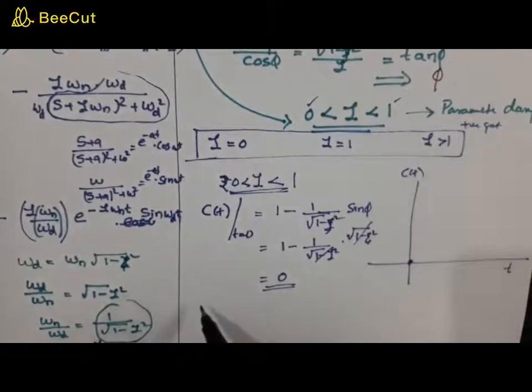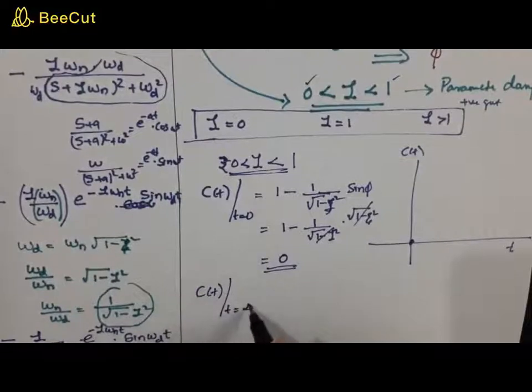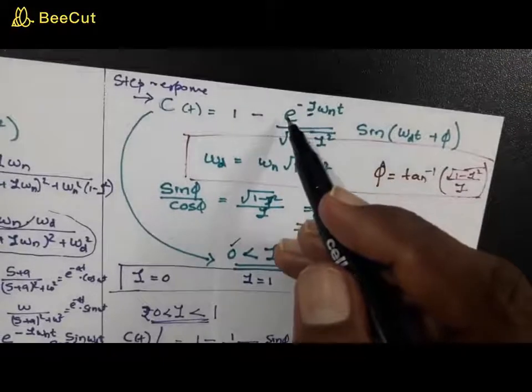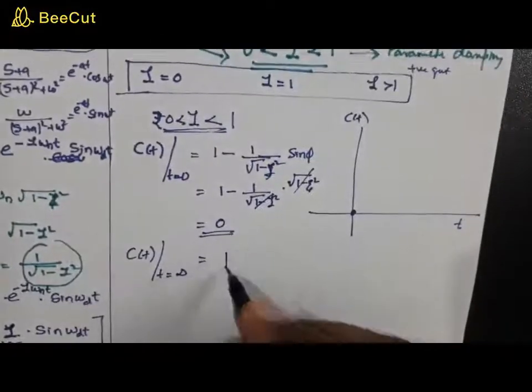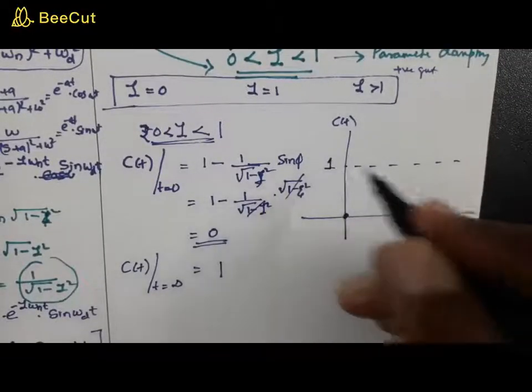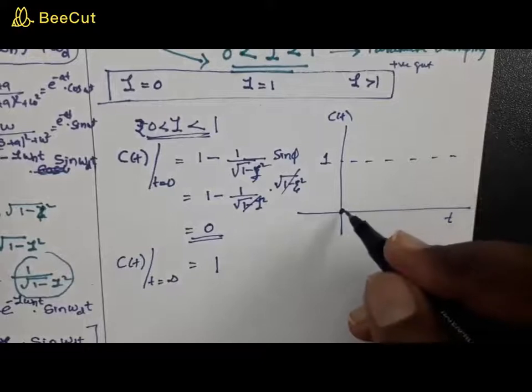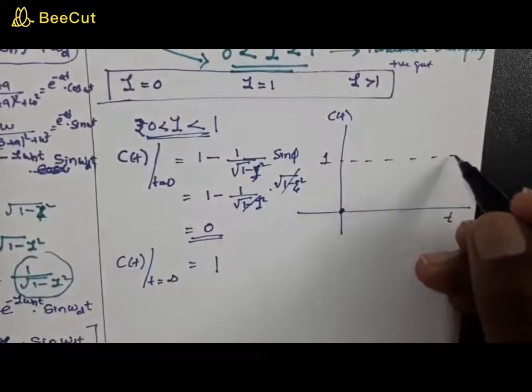Now what happens to the c of t at t is equal to infinity? When you put t is equal to infinity, since this is e raised to minus infinity, this becomes 0. So that means your c of t becomes 1. So if you mark the c of t as 1, we know that this is going to reach 1, right?